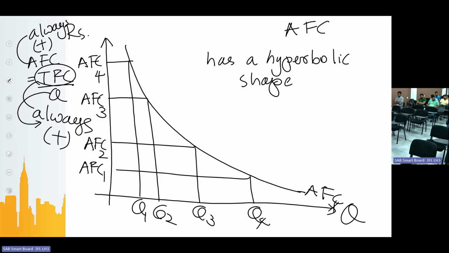This is Q2, with AFC 3. This is Q3, with AFC 2. This is Q4, with AFC 1. Let's give values: 5,000, 10,000, 15,000, and 20,000.